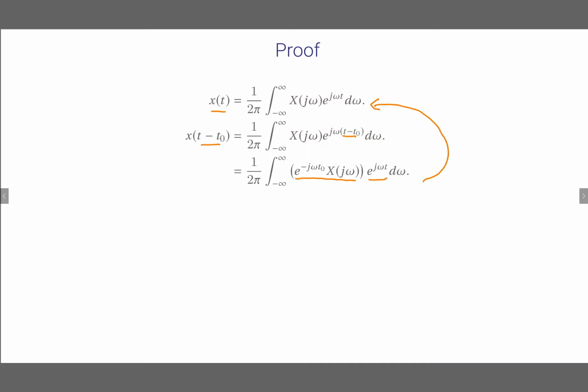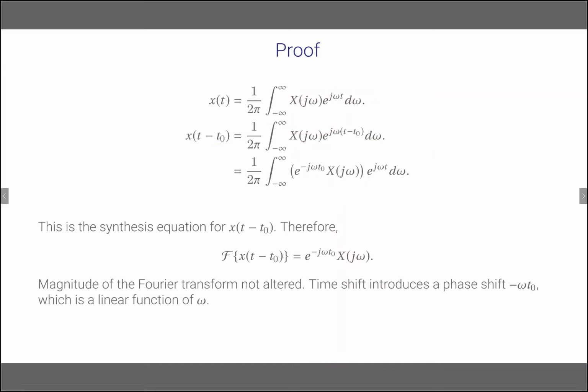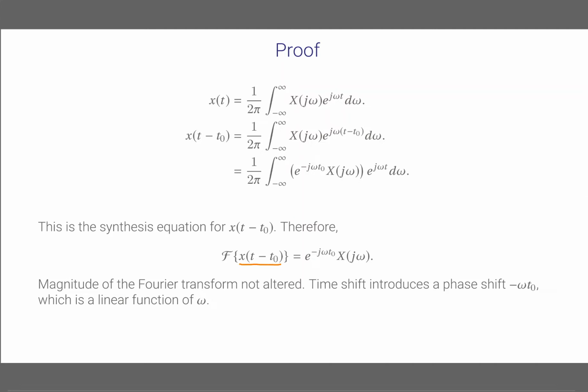When you realize this, this has the form of the synthesis equation. So what we have essentially done is writing the synthesis equation of the signal whose Fourier transform is e to the power of minus j omega t naught times X(j omega). Therefore, it must be true that the Fourier transform of x(t minus t naught) is this one.